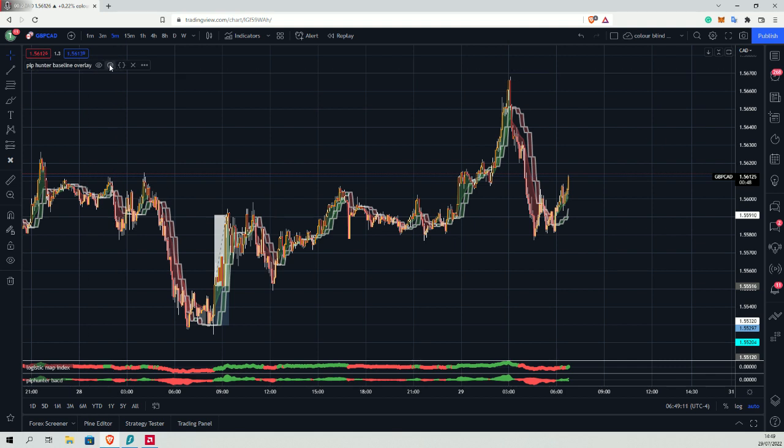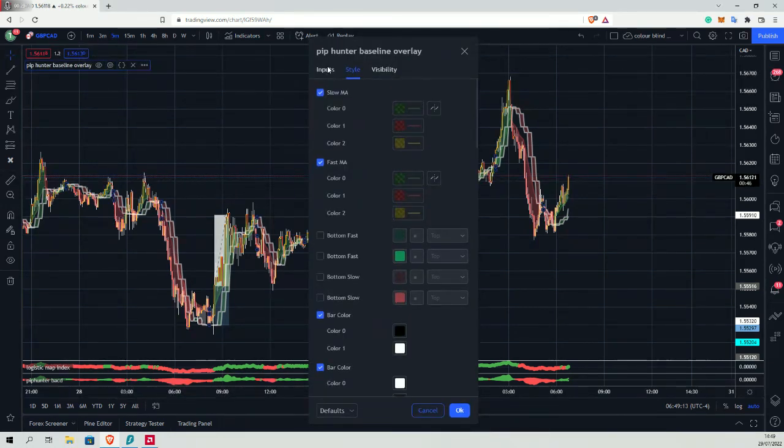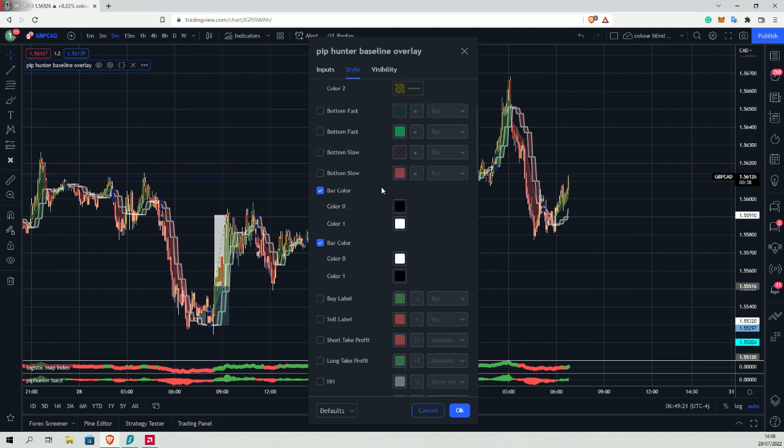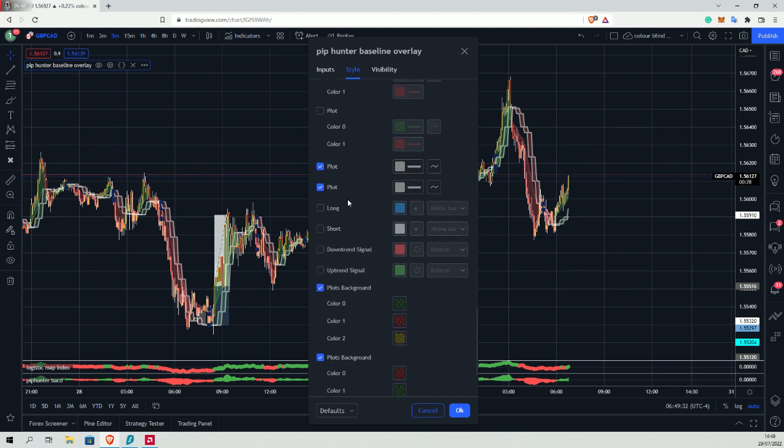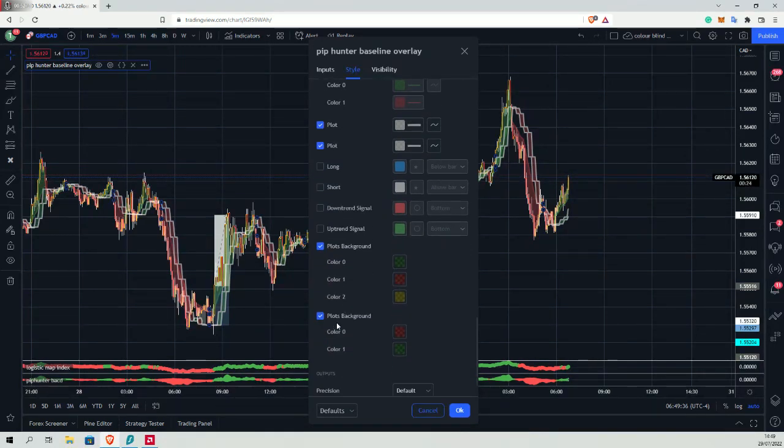We're going to start with baseline overlay. Now, we'll start off with the Star tab just so I can explain what we've got going on. We have the two EMAs that make up the EMA cloud. We have the candle bar colours, which are set so that it's only one colour or another. Everything else then gets turned off all the way until we get to the bottom, where you'll see I have these two plots and these two, which means I have the team ribbon on and that EMA cloud turned on.